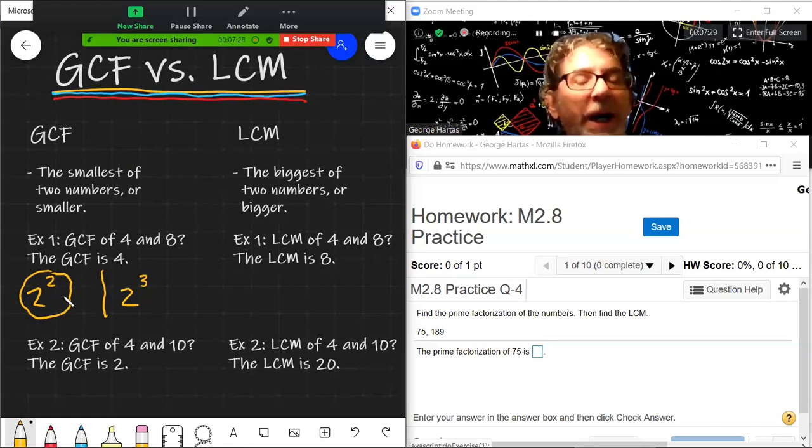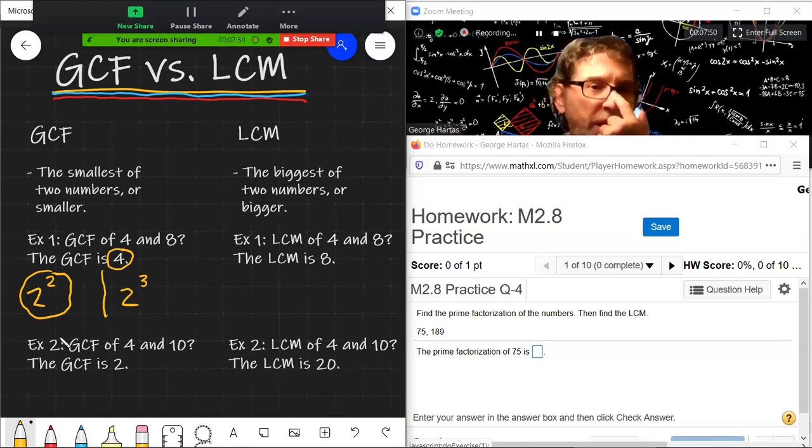And when you multiply this out, you get 2 to the second power, so that's 4. We got our answer already. We know it's 4. But this is a different way. Another way you can think of it is using the lowest power to find the GCF. And we'll see how that compares with the LCM shortly.